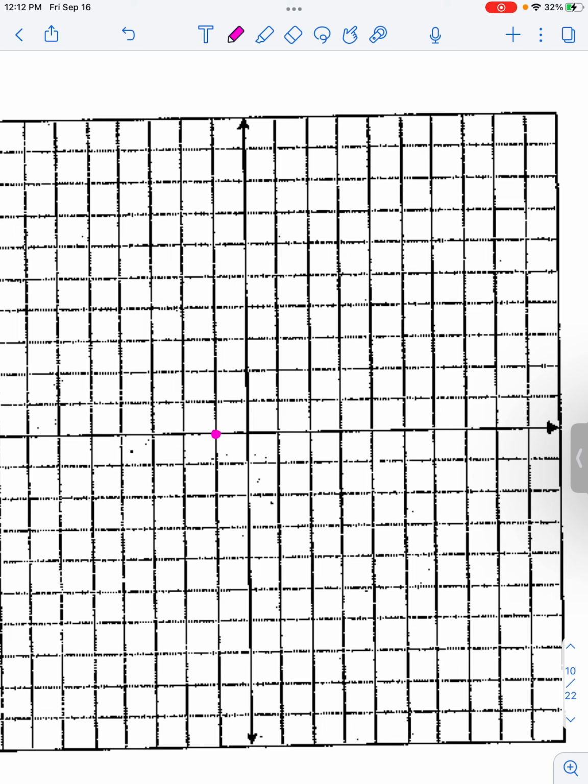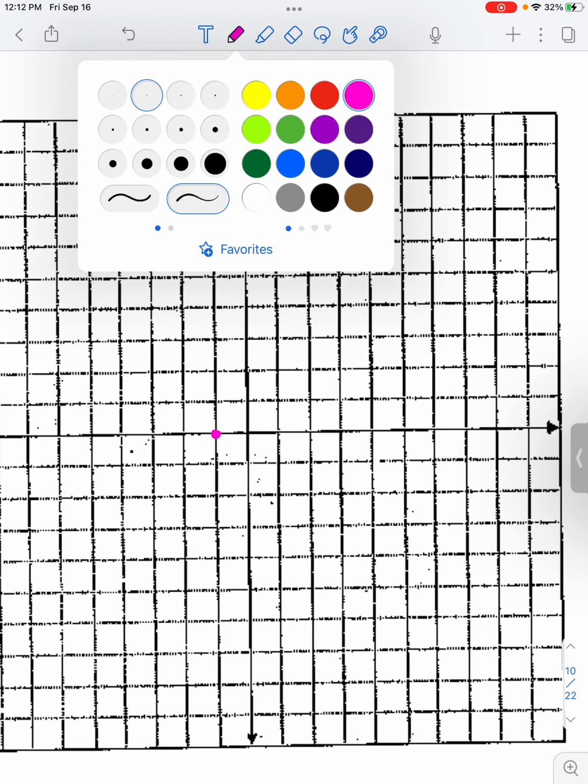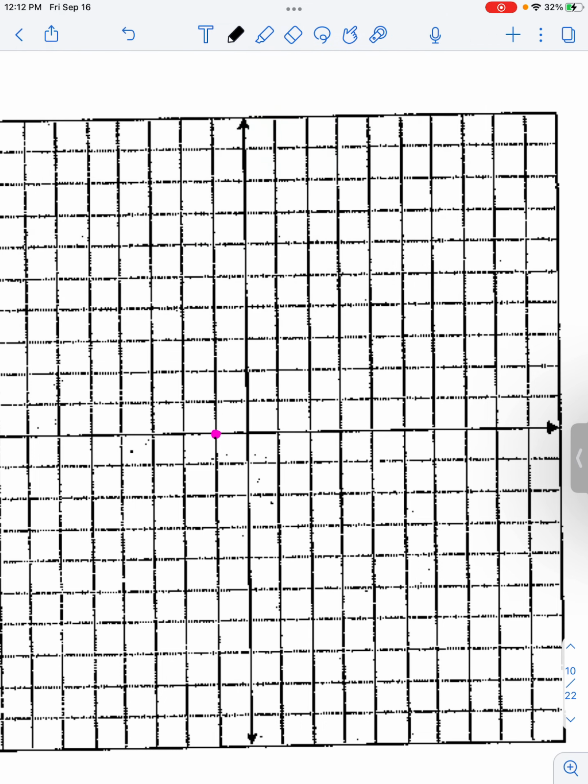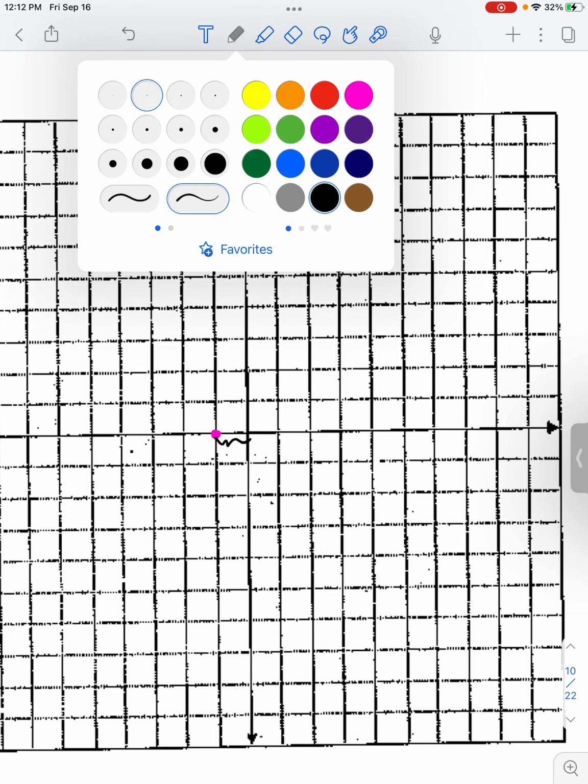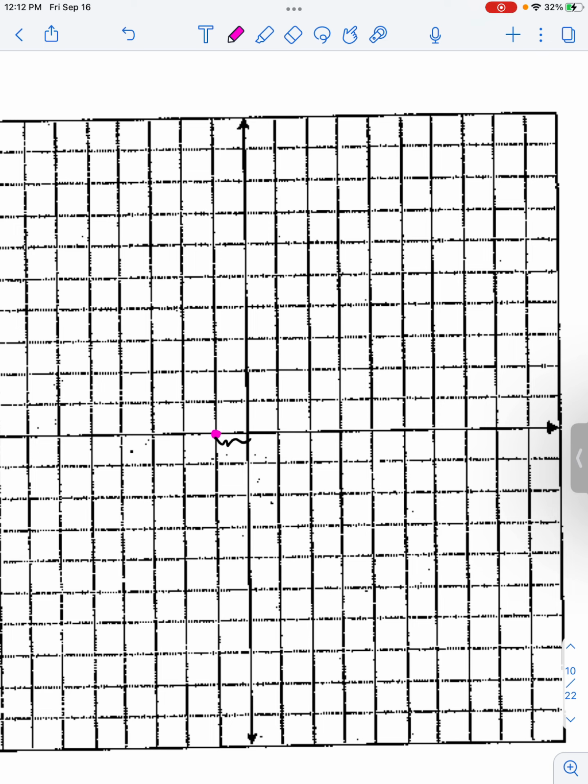So if I plug in a number between 0 and 1, so any number in this interval here, for all the numbers from 0 and then right before 1, so any decimal between 0 and 1, the int function is going to output 0. It's going to give me a y value of 0.